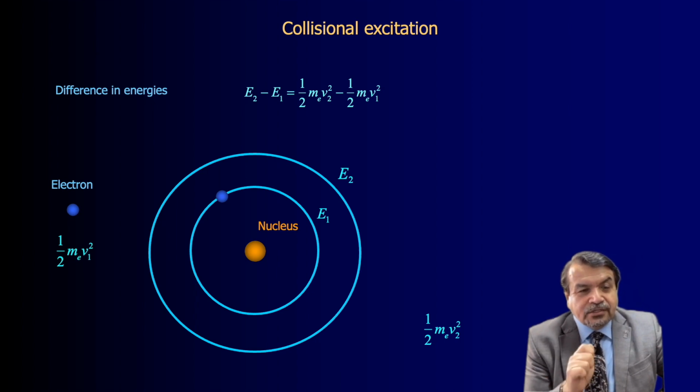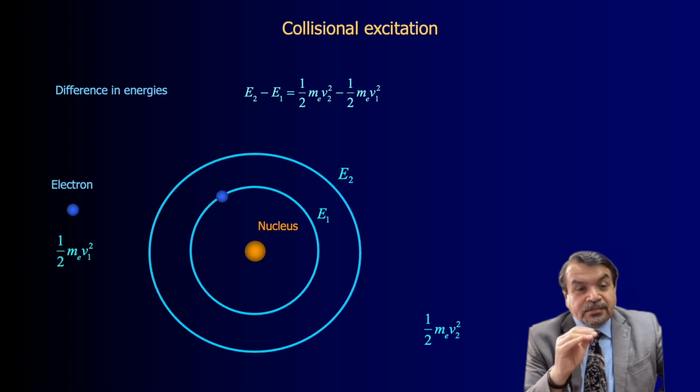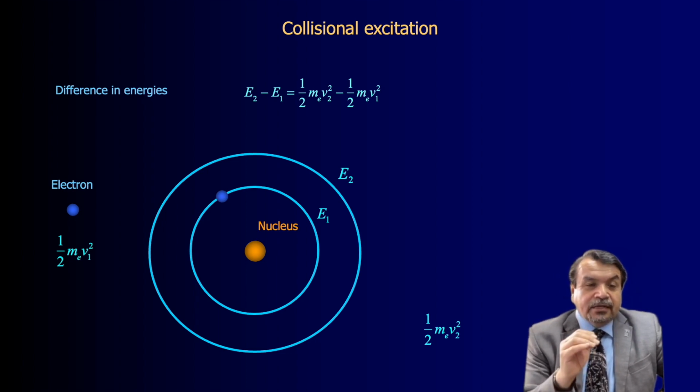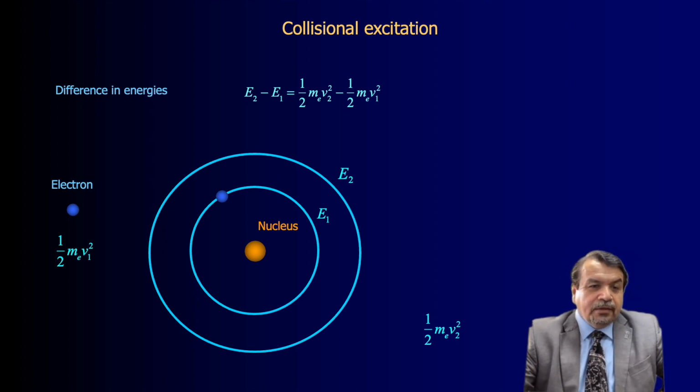If the kinetic energy transmitted to the electron in the atom is greater than or equal to the energy required for the electron to move up a level, then the electron will undergo an upward transition. In this scenario, the electron gains enough energy to transition to a higher energy level within the atom. That's what we call collisional excitation.